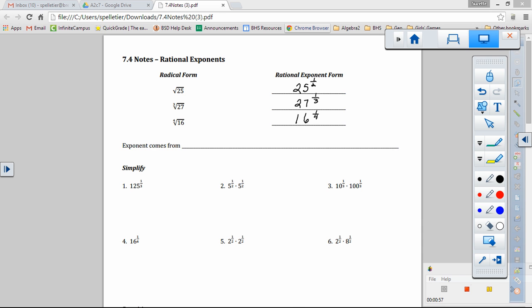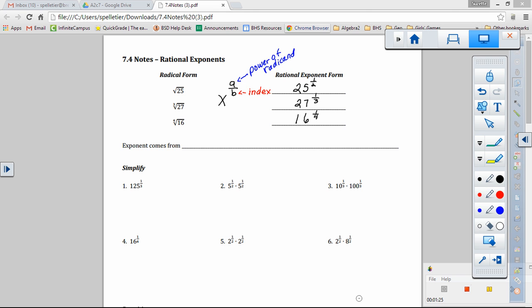Here's what I want you to understand. We'll call it x to the a over b. This b is the index of your radical, and this a, the numerator, is the power of the radicand.